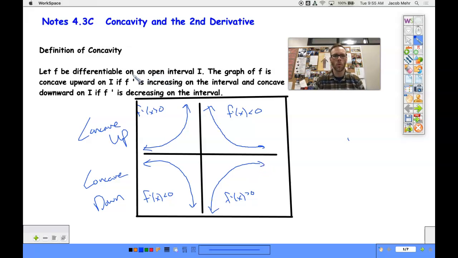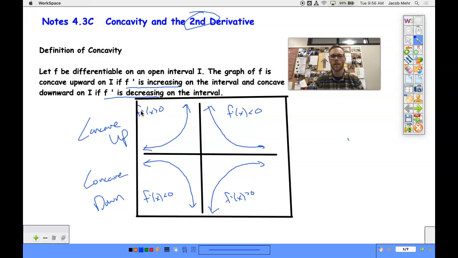So what's interesting here is we need to figure out concavity by determining where f prime is increasing or where f prime is decreasing. And think about our last video. How do we determine where a function is increasing or decreasing? By using its derivative. So we can tell where f prime is increasing or decreasing by using f prime's derivative, which is the second derivative.